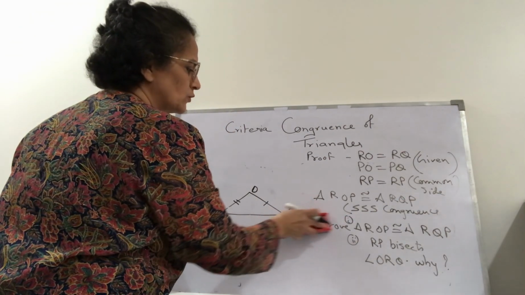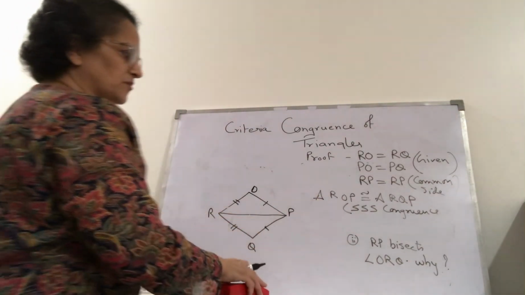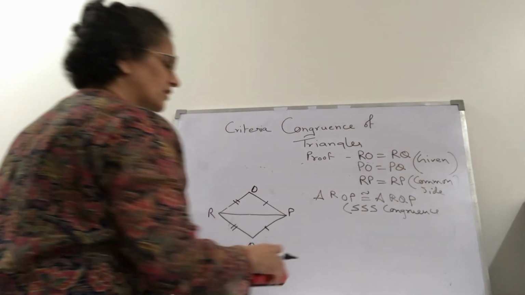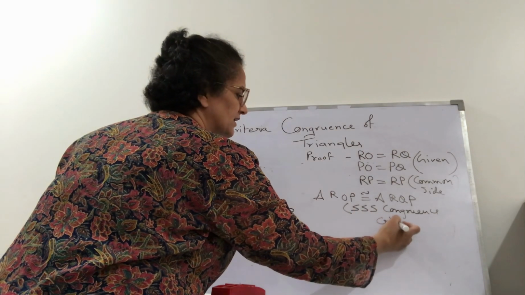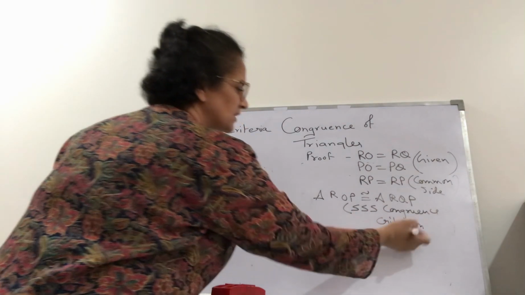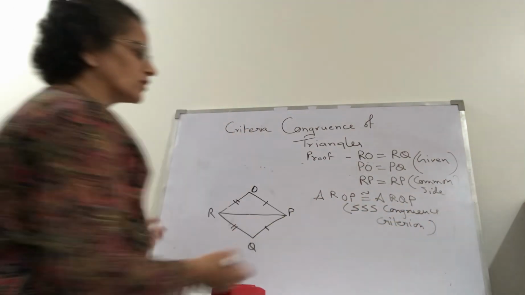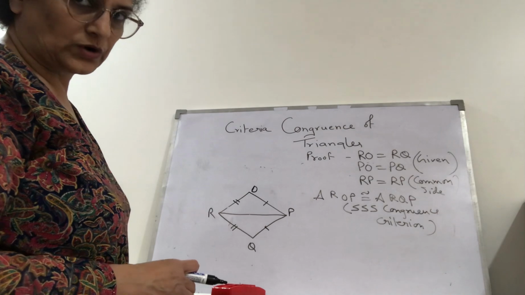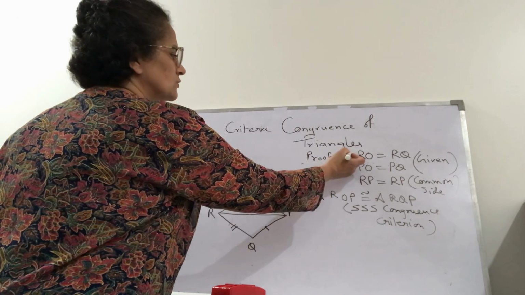So we have proved the first part. Again repeating, criterion is for the singular rule, and if you talk about all the four rules, you call it criteria.